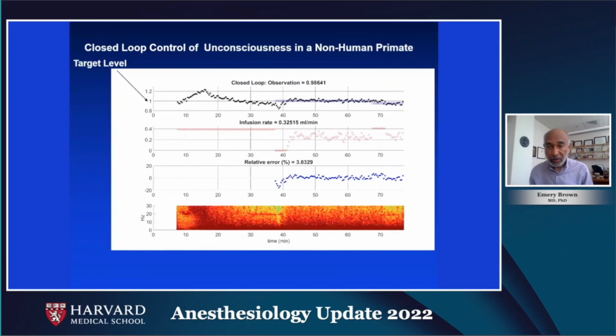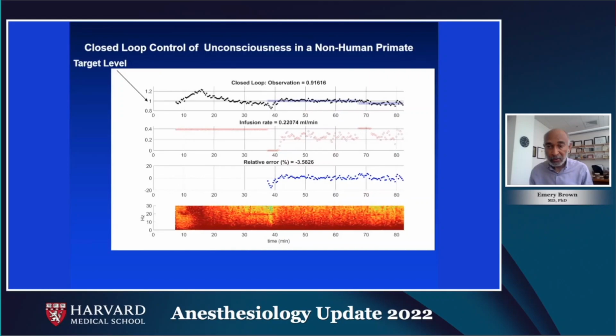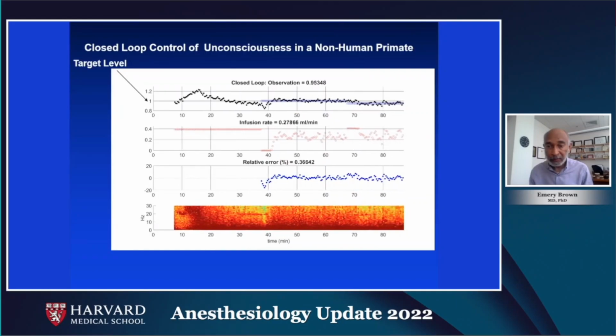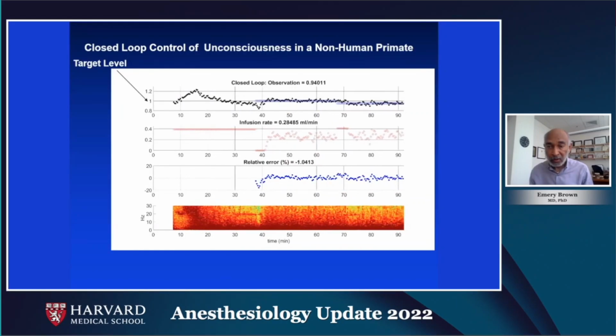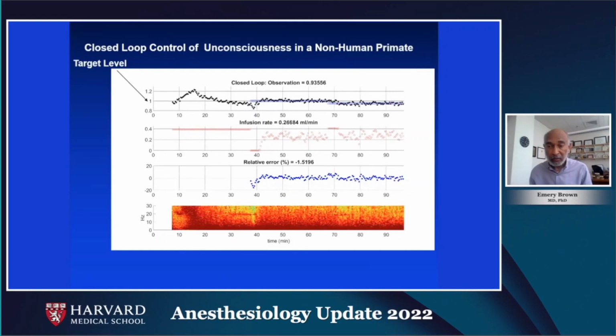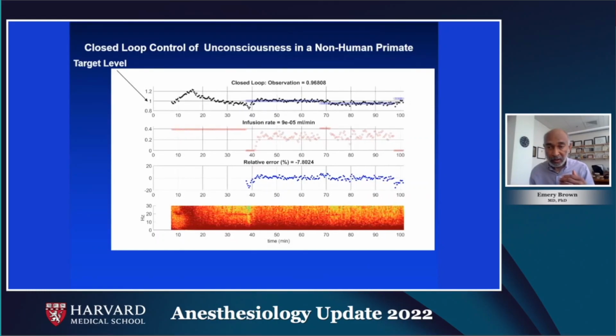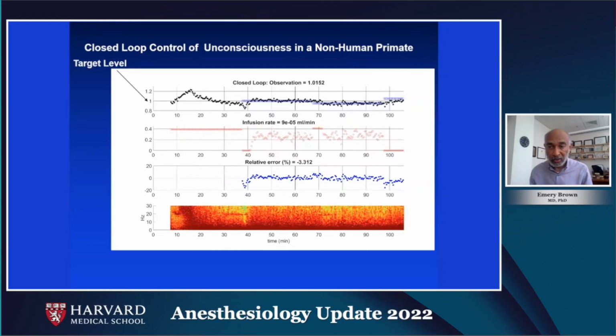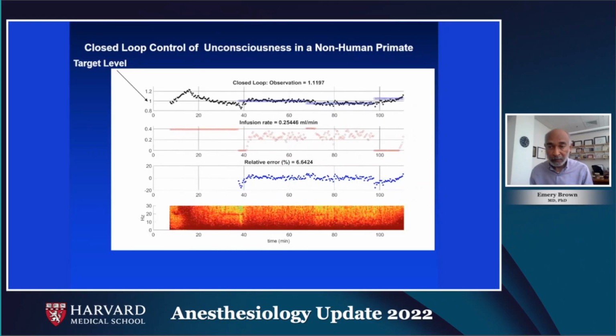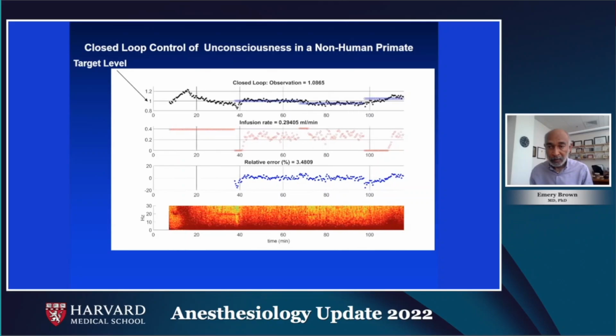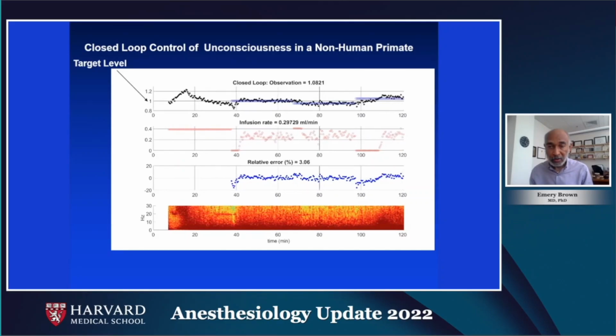It increases the dose and moves down, so it jumps down to a lower level. It goes down to 0.9. And then from here, we're going to take it up to a higher level, which means a level of less unconsciousness. So it pops up, and it's able to track the marker really well.